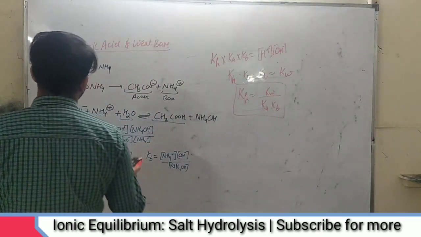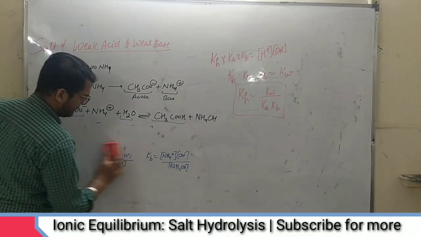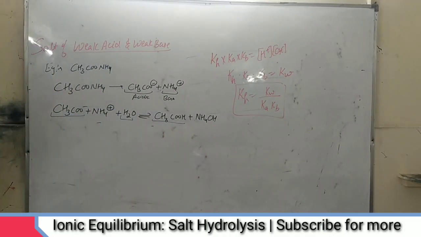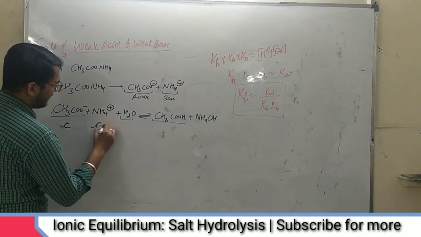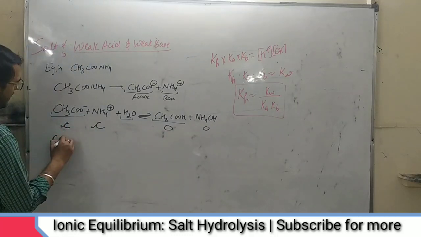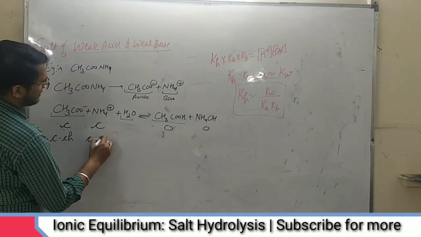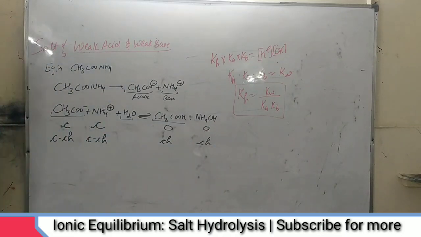Now, if I give them some values, like concentration C, nothing, 0 and 0, then C minus Ch, C minus Ch, Ch and Ch.